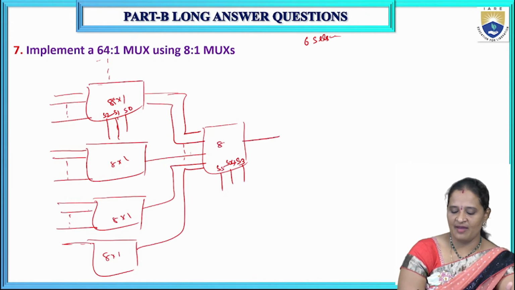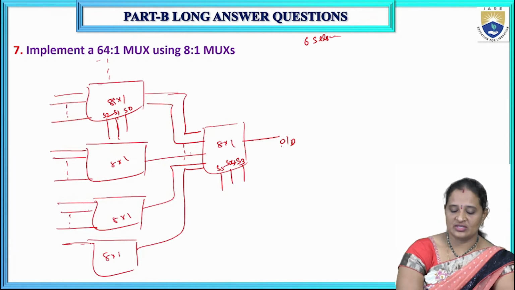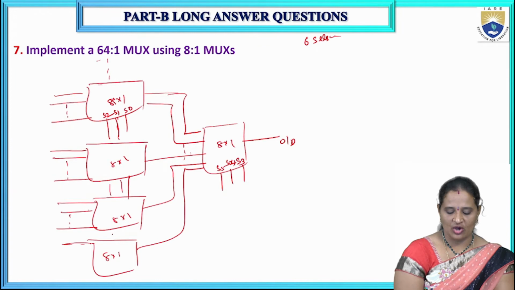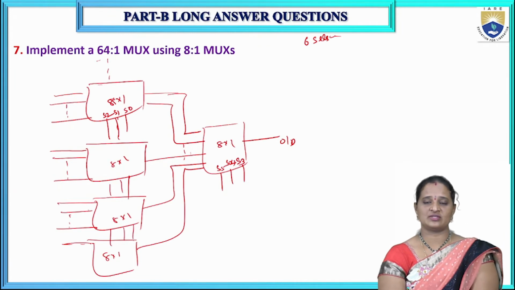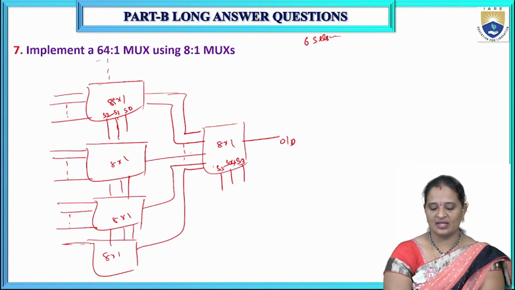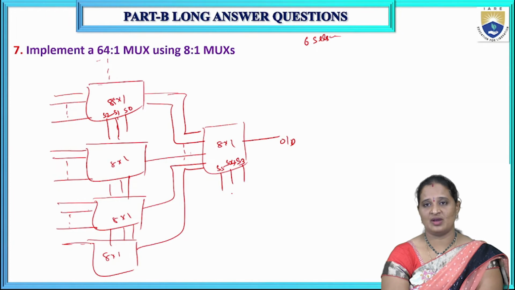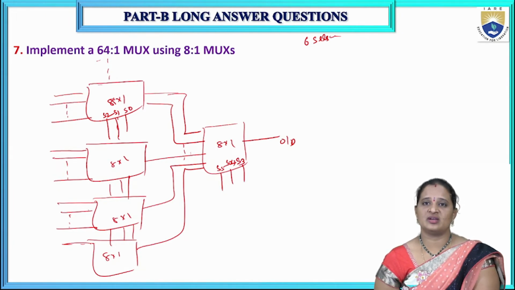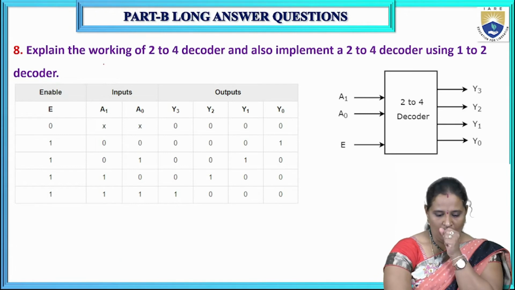And finally, we have one output. So all the first 3 selection inputs, S0, S1, S2, are applied as common selection inputs for the first stage, and the remaining selection inputs are given as the selection inputs for the next 8 by 1 mux, so that I can implement the 64 by 1 mux using 8 by 1 muxes.